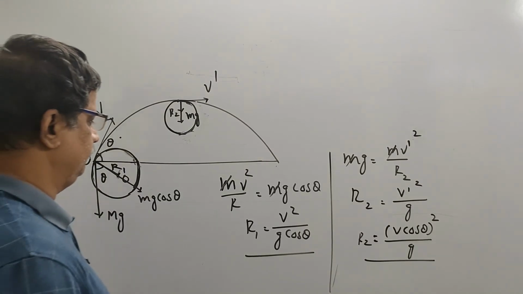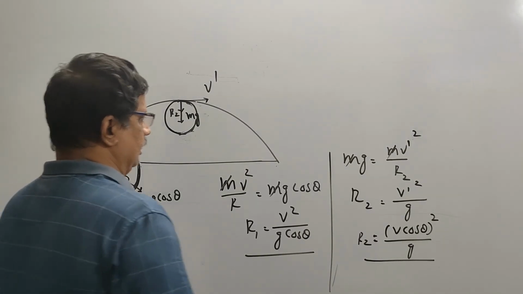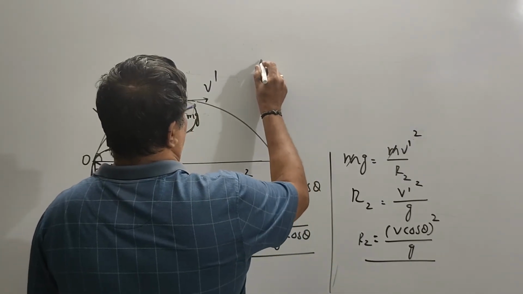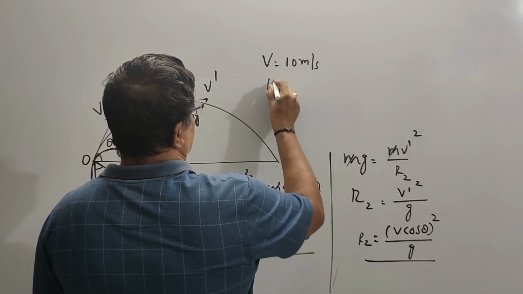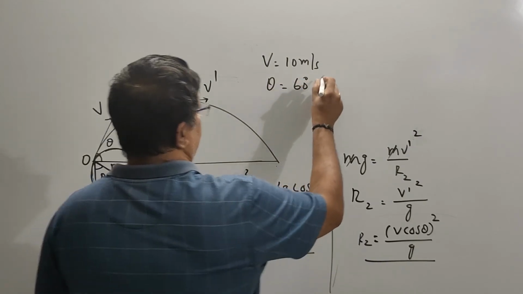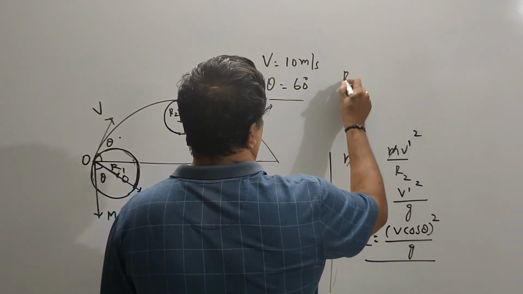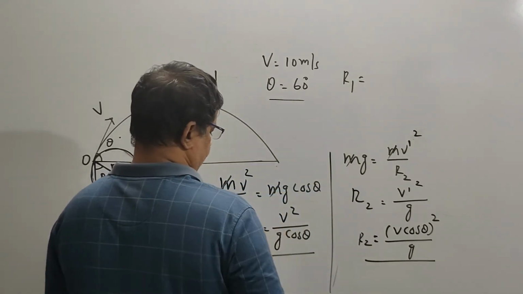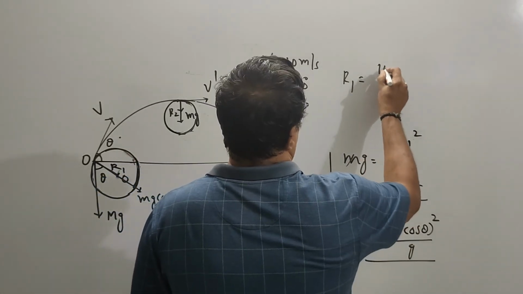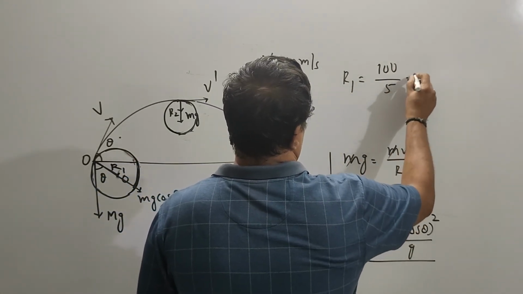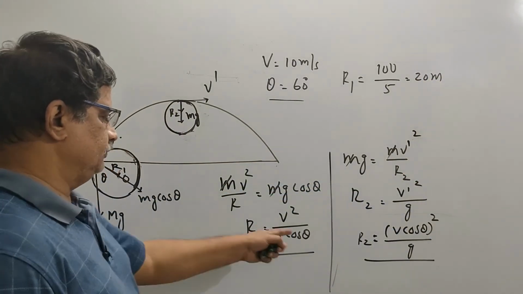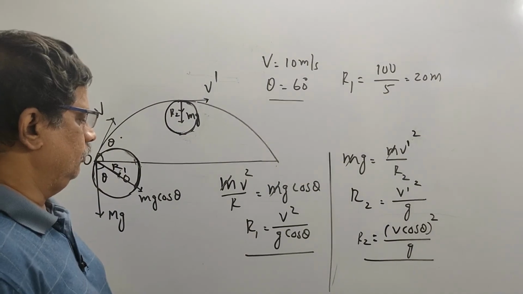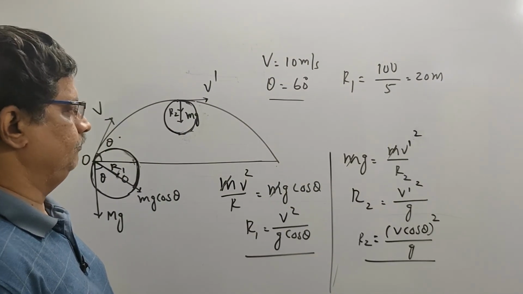Now let us substitute for theta and v from the problem. According to the problem, v is equal to 10 meter per second and theta is 60 degree. So substituting these values, we get r1 equal to 100 by 5, which is 20 meters. g is assumed to be 10, cos theta is 1 by 2, so 100 by 5 is 20.